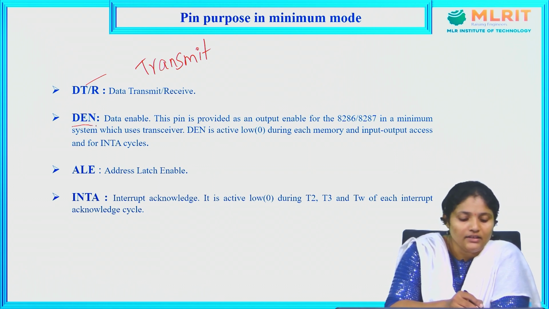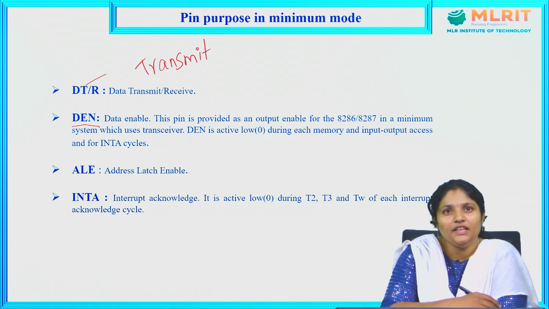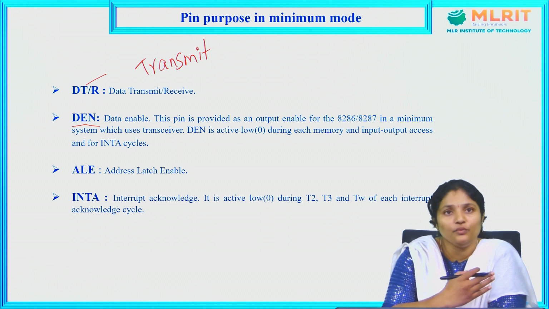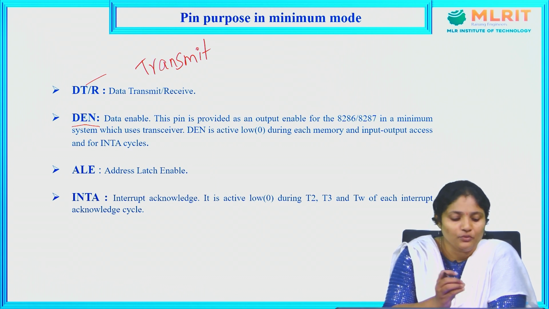Then DEN, the data enable pin. This pin is an output enable, used if we are connecting the 8286 or 8287 transceivers in a minimum system. DEN is active low during each memory and input output access, and also for INTA, interrupt acknowledgement cycles.